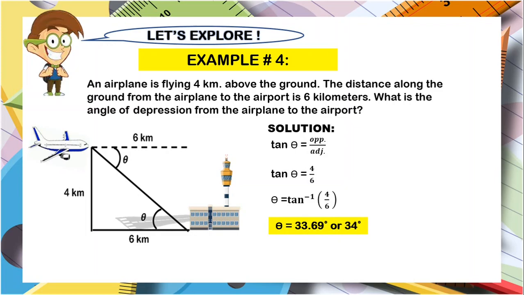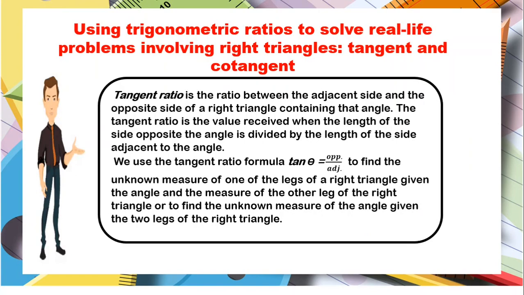Thus we have angle theta is equal to 33.69, or theta is equal to 34 degrees. So those are the examples on how to use trigonometric ratios to solve real-life problems involving right triangles.